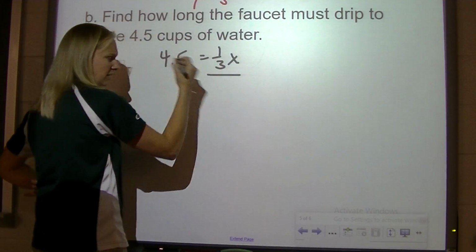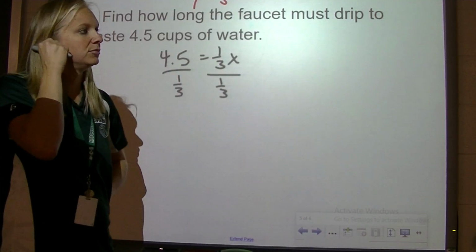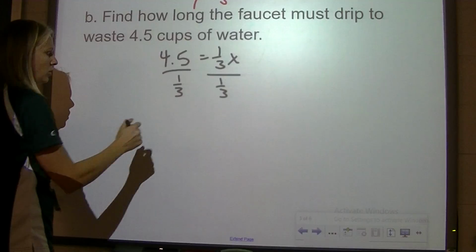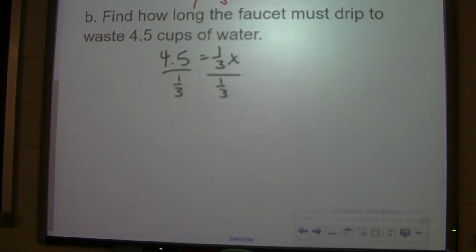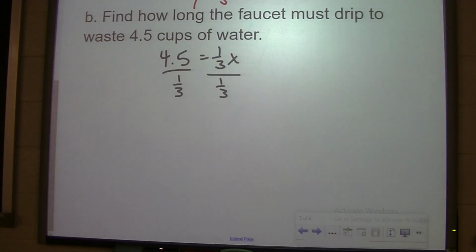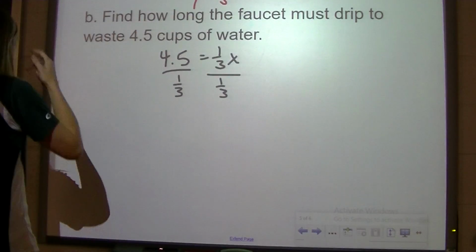So we can divide by 1/3 here, or use the inverse property of multiplication and multiply by 3/1. So 4.5 times 1/3, let me grab a calculator. 4.5 times 1/3 is 1.5.